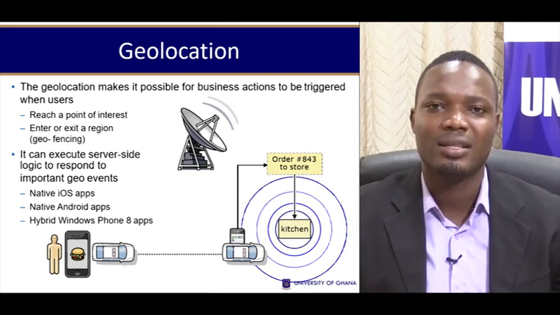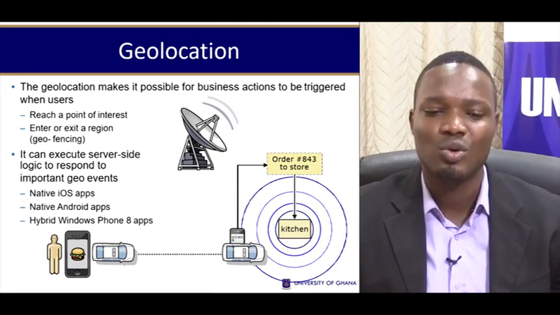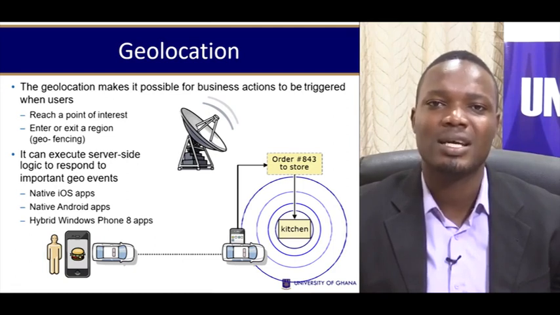So when users enter that locality, let's say they have your app, when they enter a locality where a branch of your restaurant is, you could actually begin to prompt them with the menu that you have available, and that could get somebody interested, even the directions and all of that, and they could quickly get into your restaurant and go and get something to eat. So based on the point of interest, you can now begin to trigger some events. Now, when they enter or exit a region also, you can also do that.